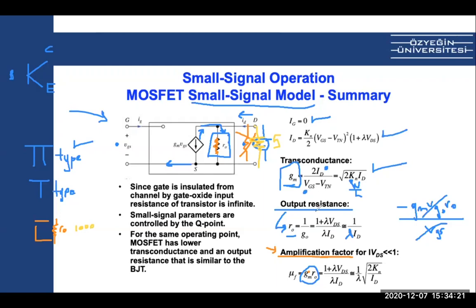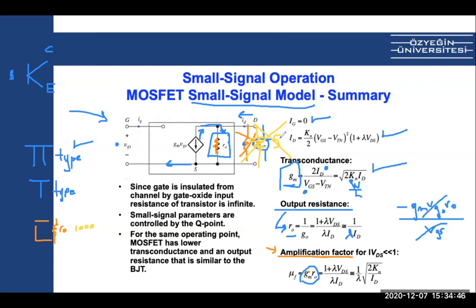So that's why we need to look at the amplification factor without any loads connected. As I showed you, if I connect a 5 ohm, R0 loses any effect.